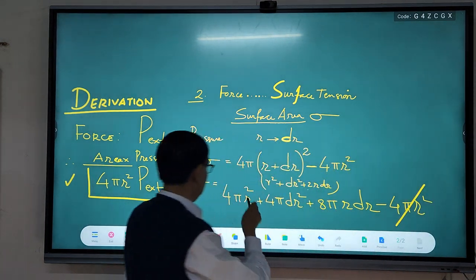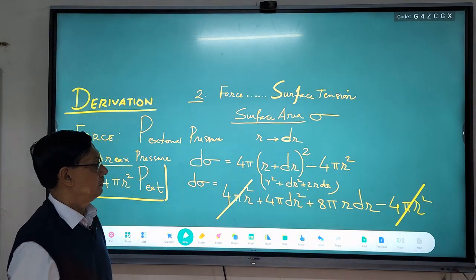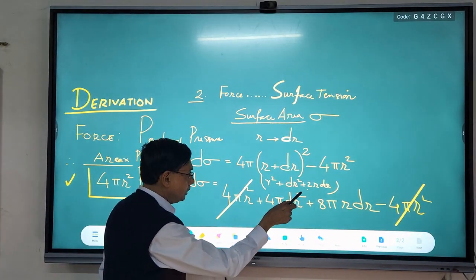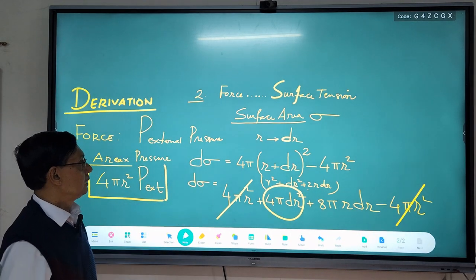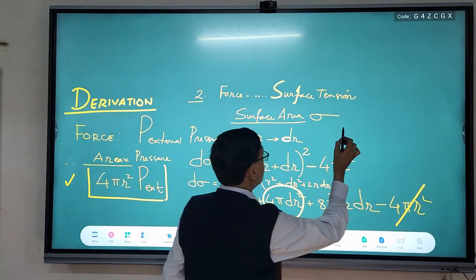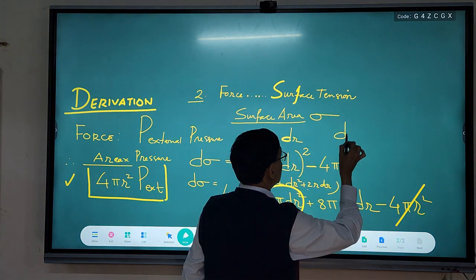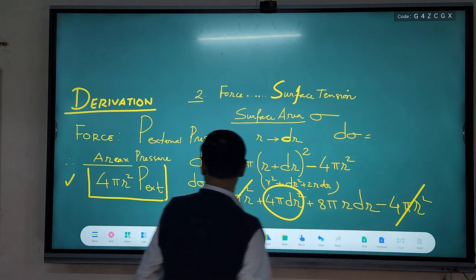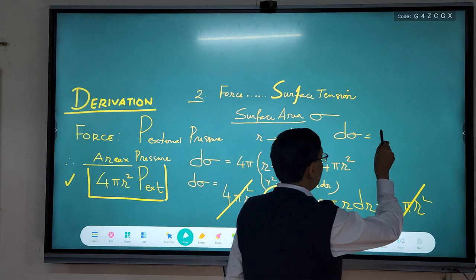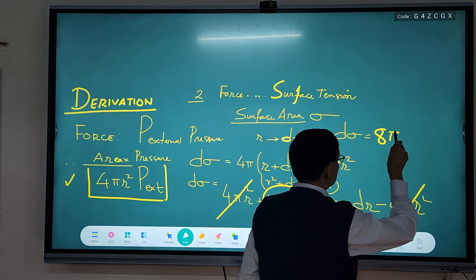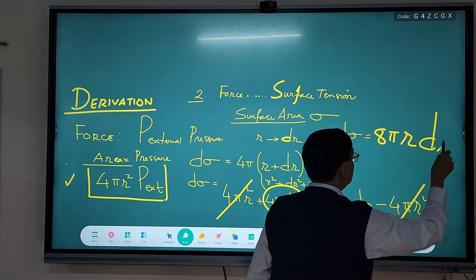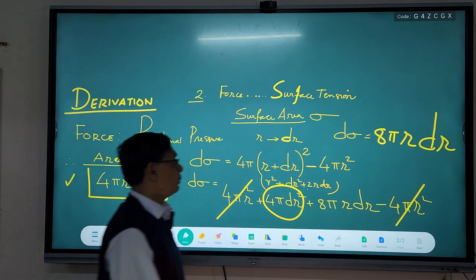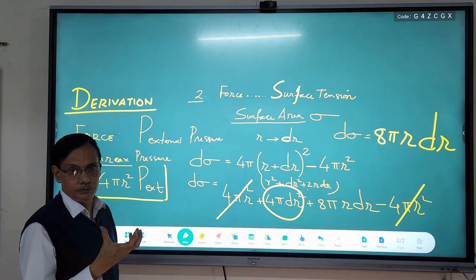The 4 pi r square is cancelled, and I can ignore the second order term, which is a very small value. So what I will get is 8 pi r dr. But we have to calculate the force.